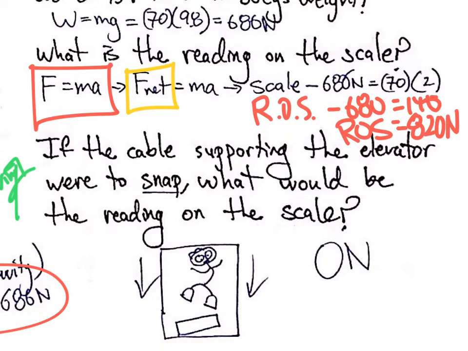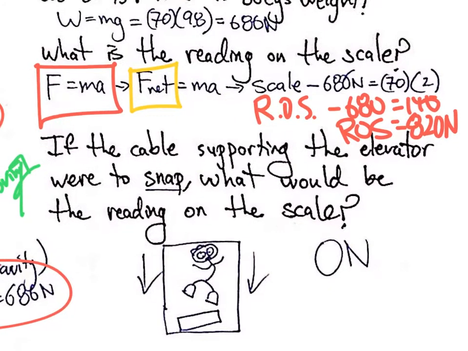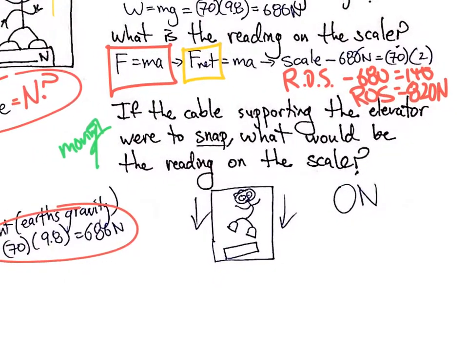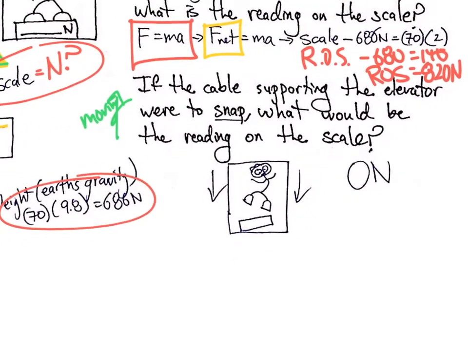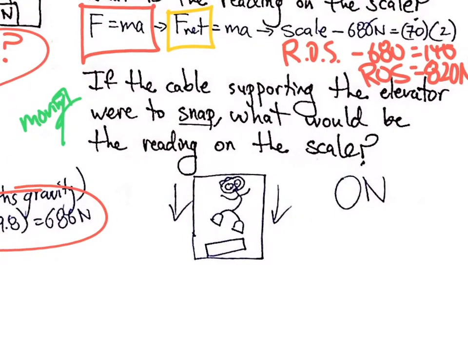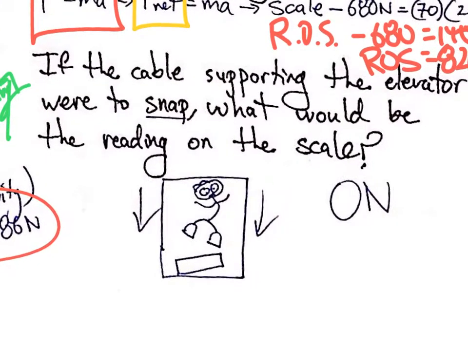Okay, so notice how he's accelerating upward. The reading on the scale is more than his actual weight. This is called an apparent weight, meaning based on some situation like acceleration, the scale is reading something different from his actual weight.